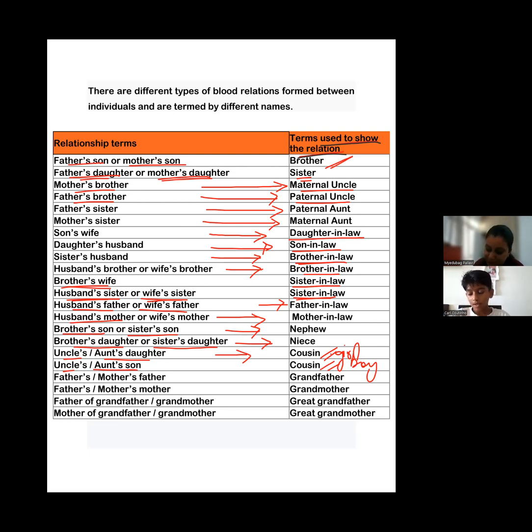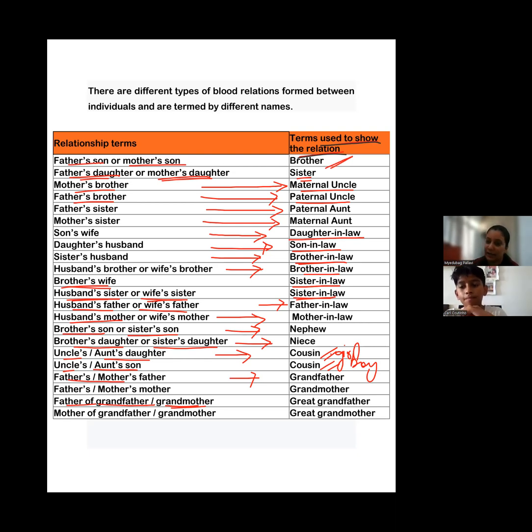My mother's mother will be my grandmother. My father's mother will also be my grandmother. Similarly, father or grandfather, so this is the fourth generation. If we are the first generation, our father and mother will be the second generation.